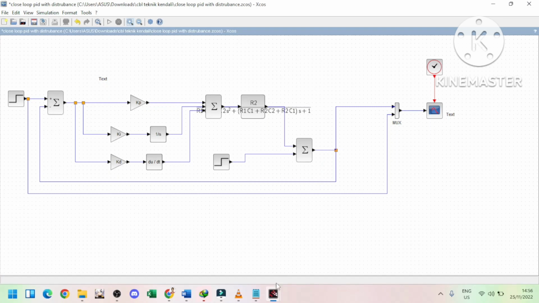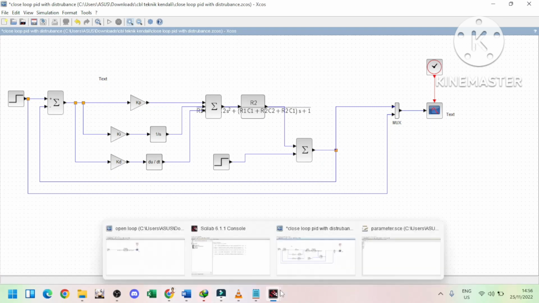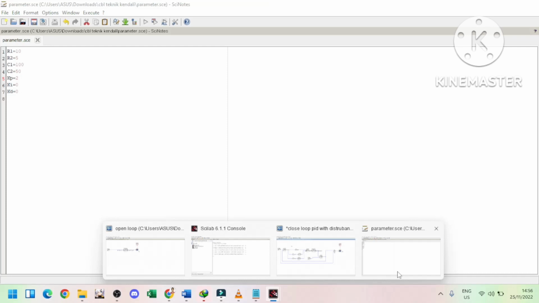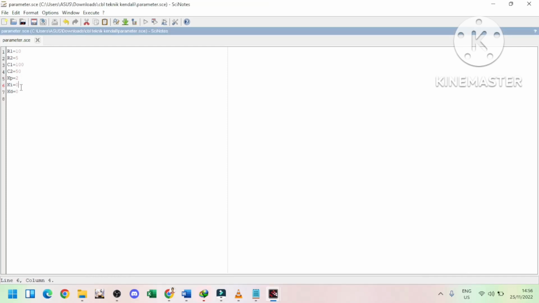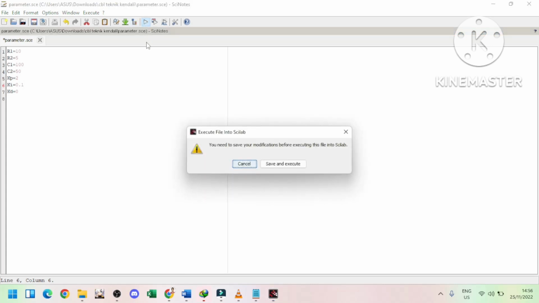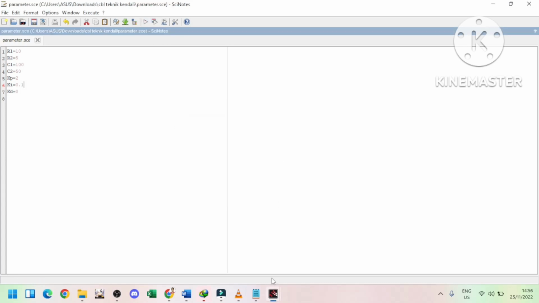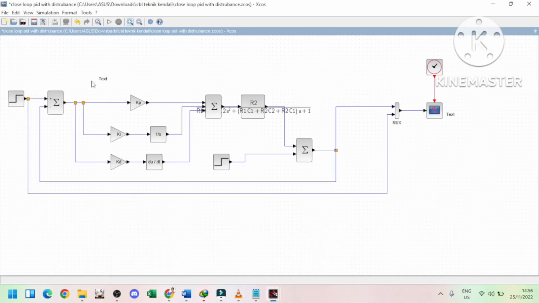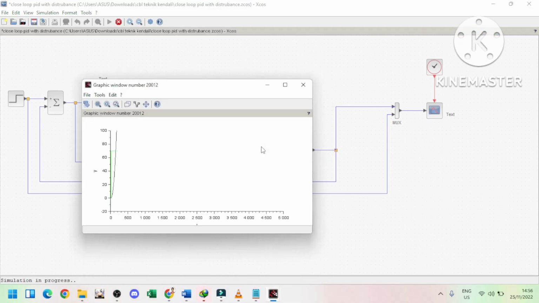So now we need to change the value of Ki because the steady state error has become small enough. If we change it from 0.5 to 0.1, we will get a result like this.